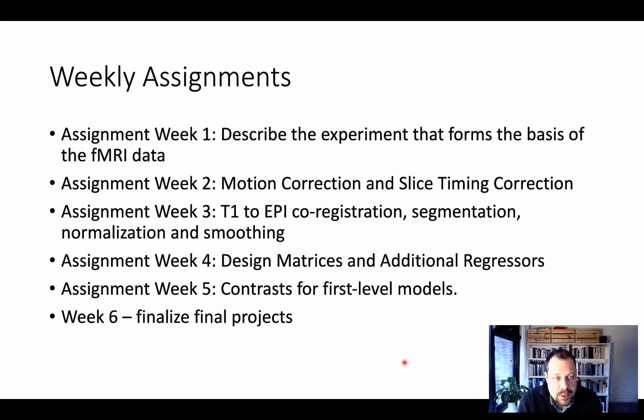In week 2, we're going to start going straight into pre-processing steps. So we'll do motion correction and slice timing correction, which are the first 2 steps in most pre-processing pipelines. Then in week 3, we're going to look at, so this is the functional data that we're correcting there.